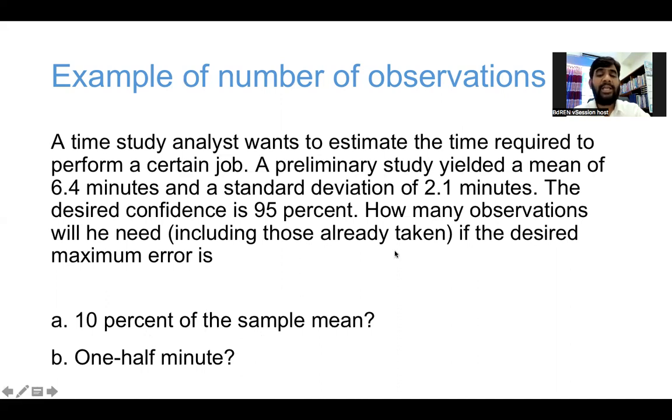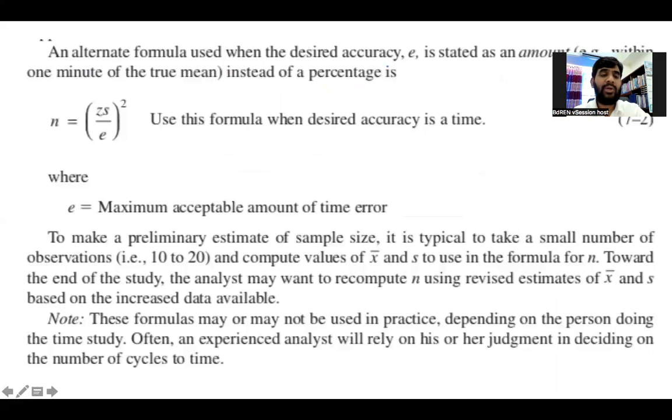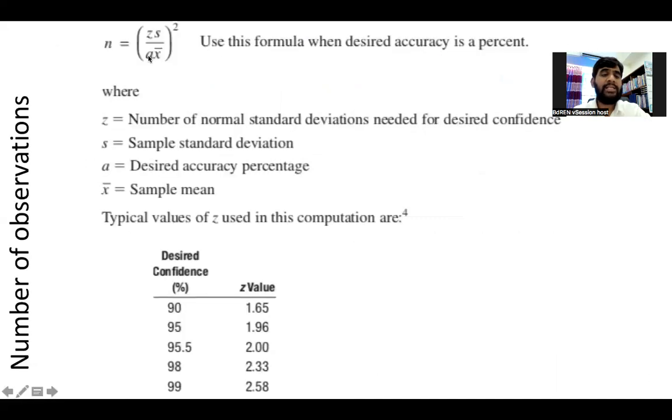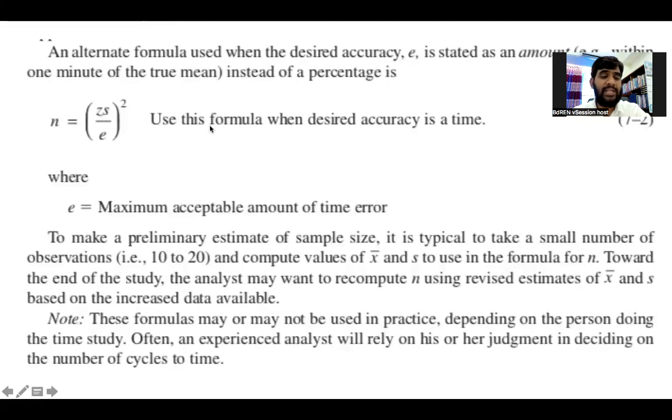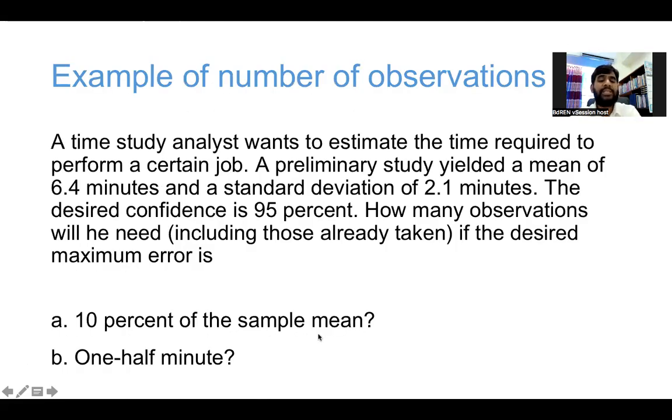10% means that the error you are going to calculate will be around 10%. Here, A refers to the error of the average. You are thinking that your error will be 10% of the sample mean.